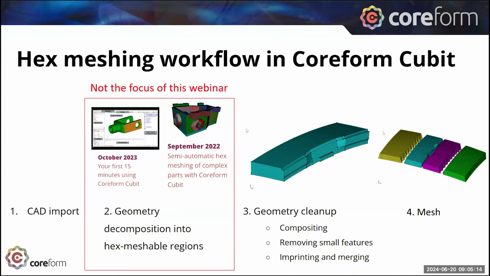We have a couple of other really good decomposition webinars already out there. If you are new to Cubit and you want to get some decomposition techniques, these two, your first 15 minutes using Cubit and semi-automatic hex meshing of complex parts using Coreform Cubit, give some really good decomposition techniques.